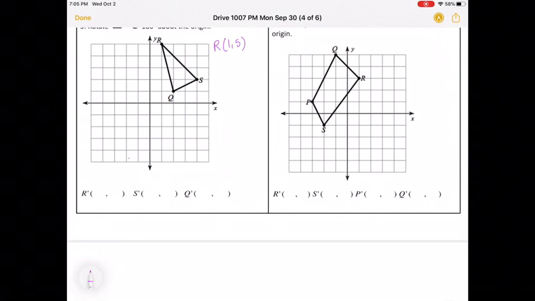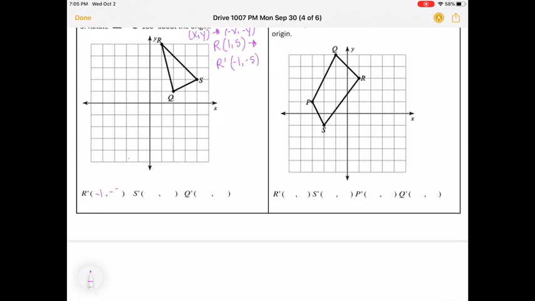So my mapping rule says XY then becomes negative X, negative Y. Okay, so that means 1, 5 now becomes R prime, which makes it negative 1, negative 5, all right? And that's all for that one, and I will plot that too.